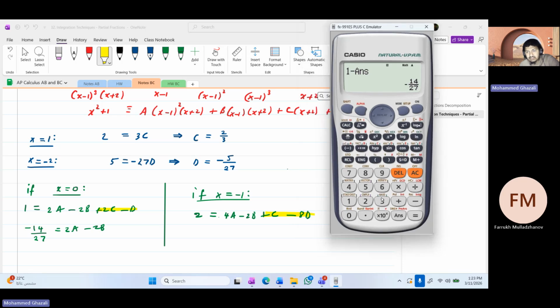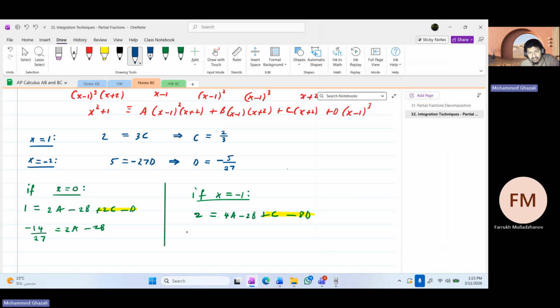So C is 2/3 minus 8 times D, which is minus 5 over 27, right? So I've got an answer of 58 over 27. So 2 minus 58 over 27. I'm getting -4 over 27, right? Which is 4A minus 2B.